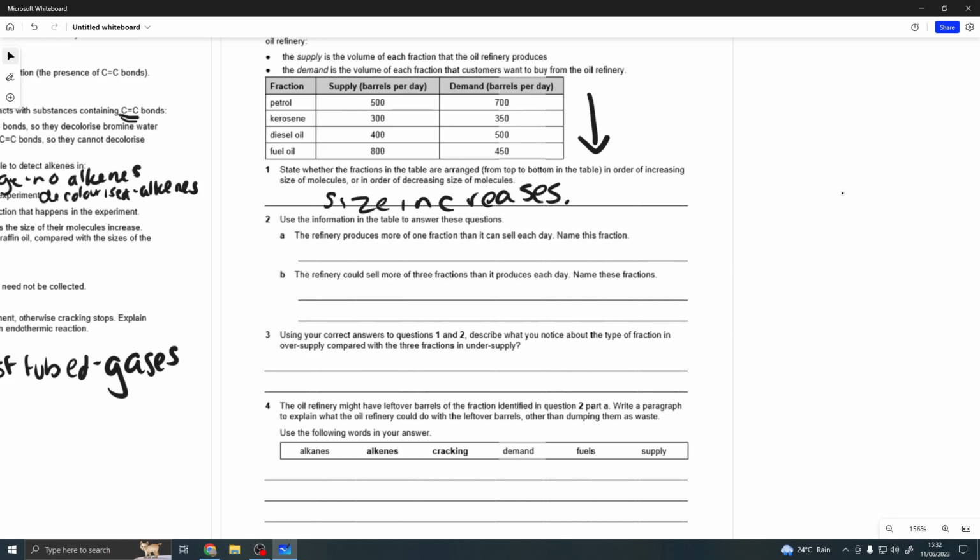Name this fraction. That is very clearly, it makes 800 of this, it sells 450. It's fuel oil. The refinery could sell more of the 3 fractions it produces each day. Name the 3 fractions. Well, obviously there are 3 that are left. We've got petrol, we've got kerosene, and we've got diesel oil.